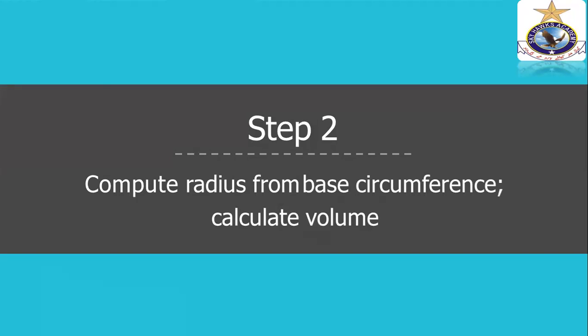Step 2: compute radius from base circumference, calculate volume. We'll have to do some magic to get the required answer. We will have to select the right one from the 5 possible answers. 4 are absolutely wrong and one is absolutely right.